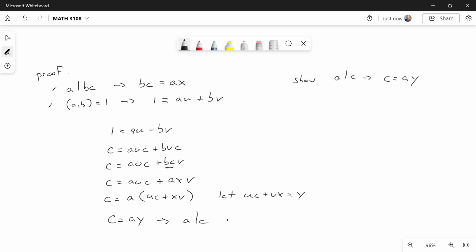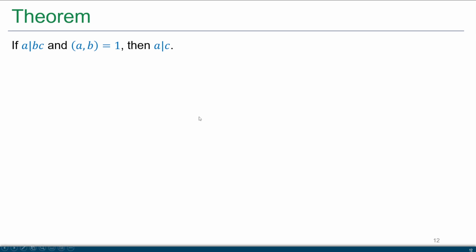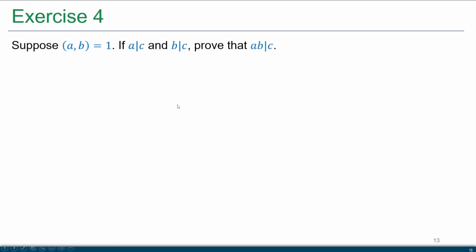That's our proof. So again, we needed both bits of information there for this to hold true. As I said, this is going to help us on this exercise here.